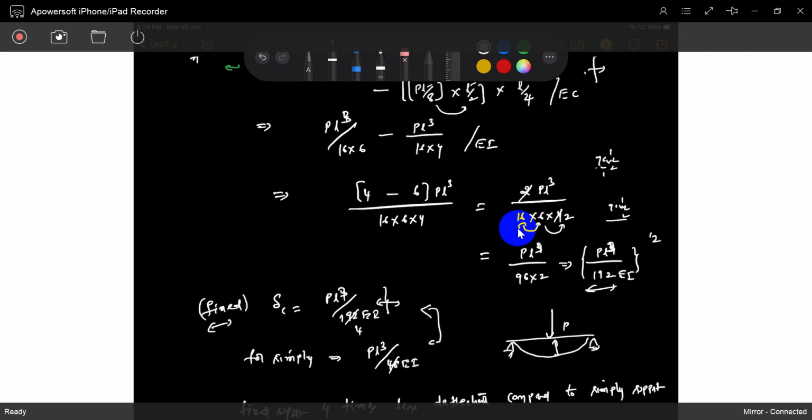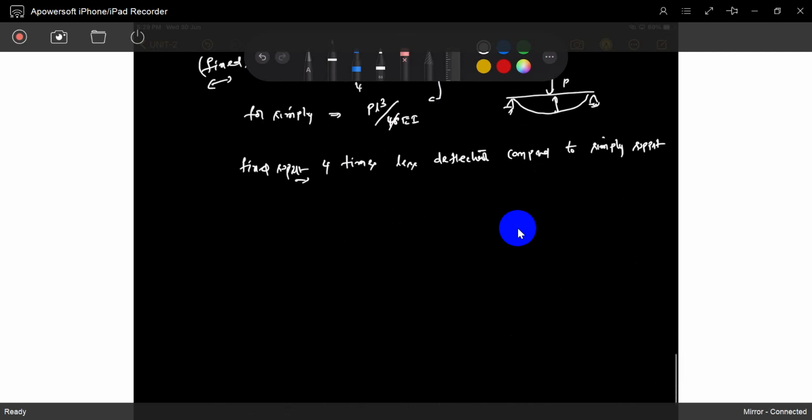Tomorrow we will solve uniformly distributed load: how it is.